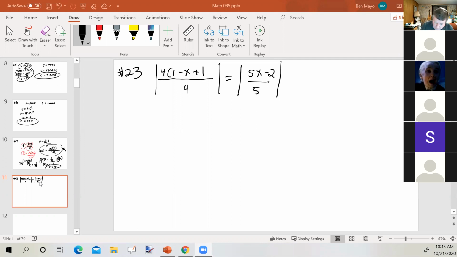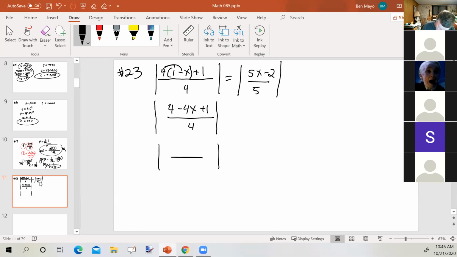They already are. But the one on the left, if I distribute, I'm going to get, I think I left out a parentheses right there. Yeah, I'm going to get 4 minus 4x plus 1. But I can simplify that even further and write it as negative 4x plus 5.